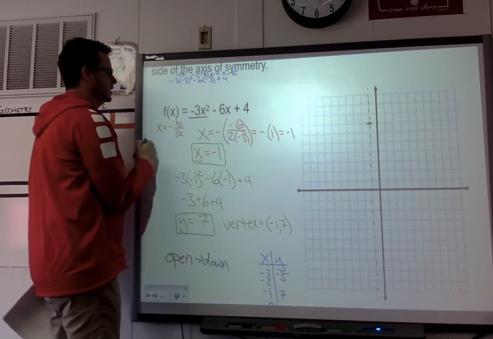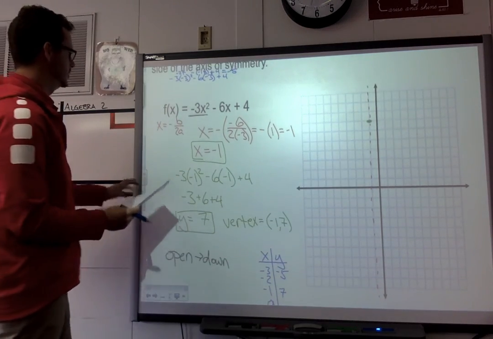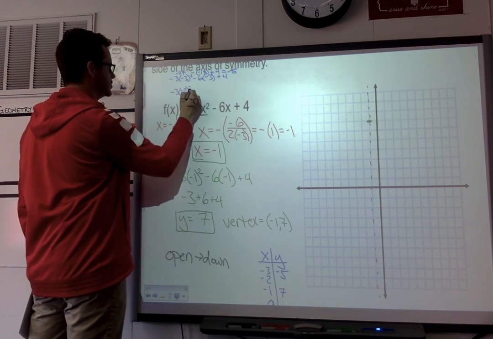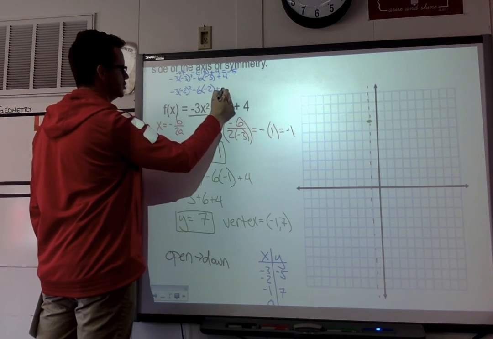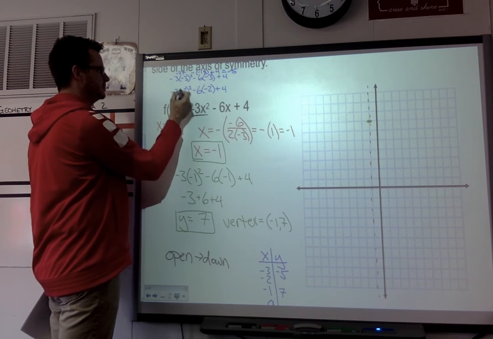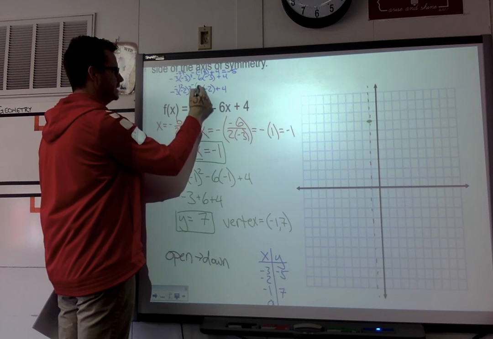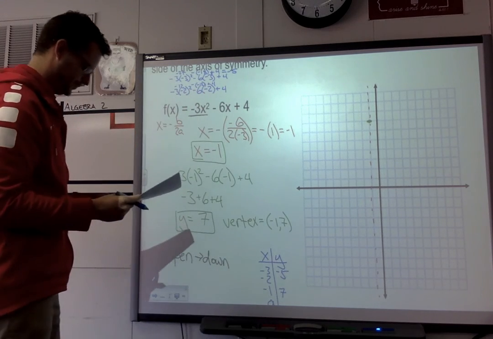If I plug in negative 2, let's see, negative 3 times negative 2 squared minus 6 times negative 2 plus 4. So negative 2 squared would be 4 times negative 3 is negative 12, minus negative 12 plus 4.